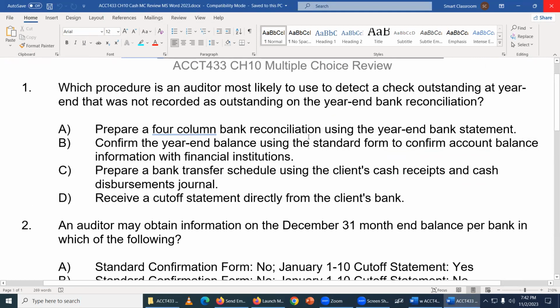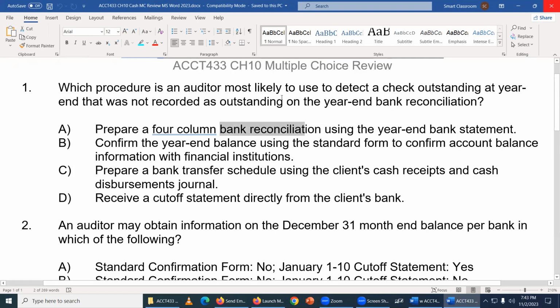So the first one: what procedure would the auditor most likely use to detect a check outstanding at year end that was not recorded as outstanding at year end, bank reconciliation? So they made the check look like it was outstanding that was not recorded. They didn't record the check. How are you going to find it? Now notice the bank reconciliation will look fine.